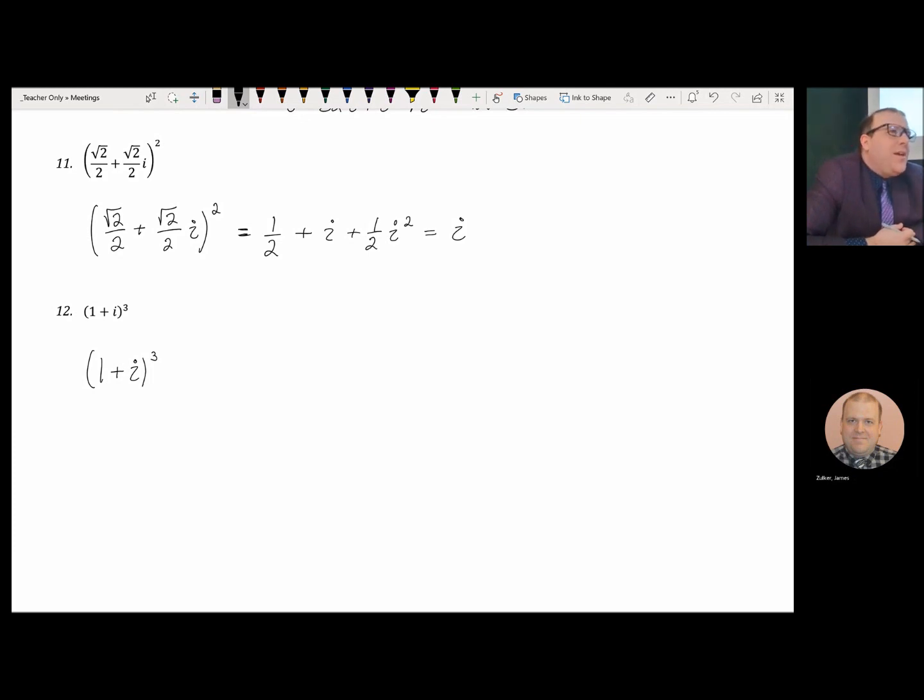Or I can just use the binomial theorem again to expand out a binomial cubed. The 1 cubed, plus 3 times 1 squared times i, plus 3 times 1 times i squared, plus i cubed.